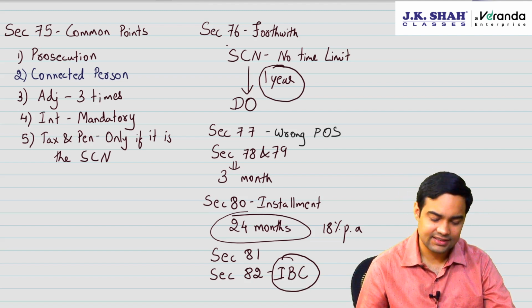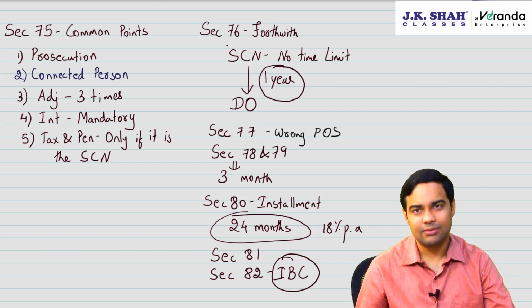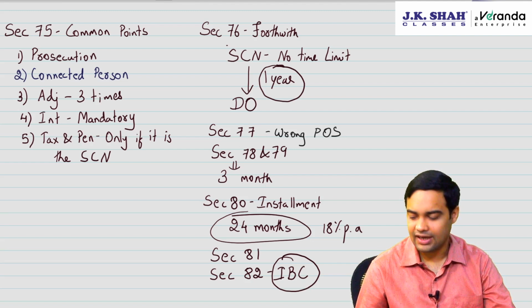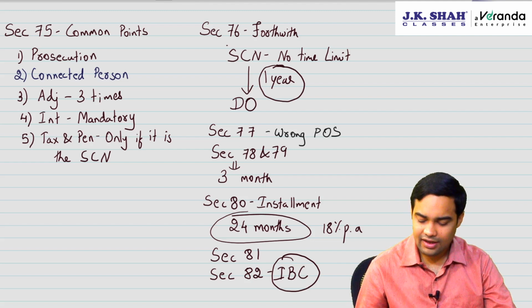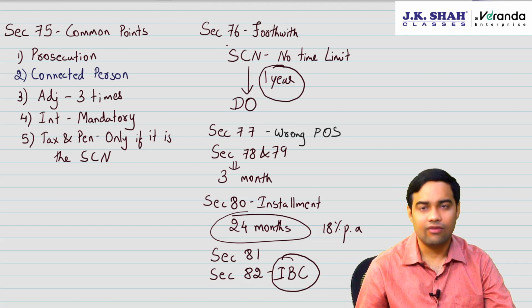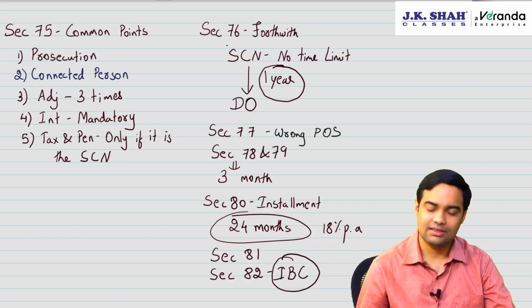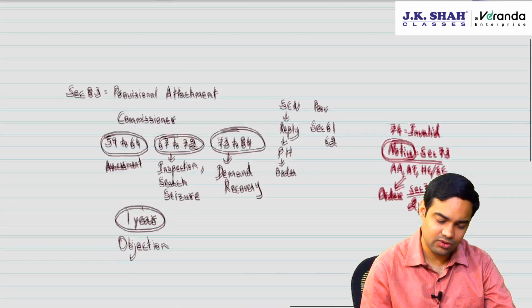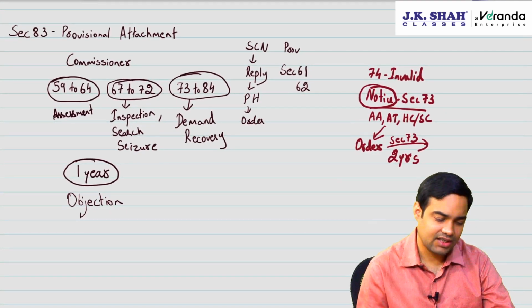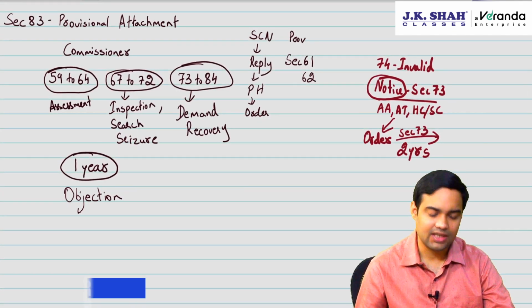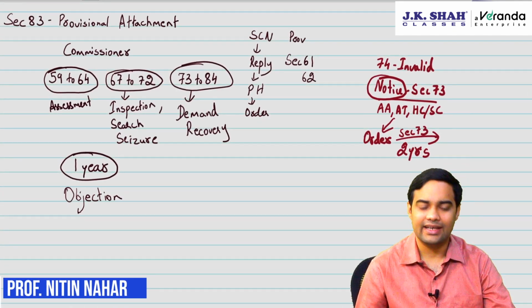The answer is yes. 80, installment, maximum 24 installments, and it is with interest of 18% per annum. 81, any transfer will be void. 82, first charge subject to the Insolvency and Bankruptcy Code. And finally we dealt with provisional attachment, which will be for 1 year.